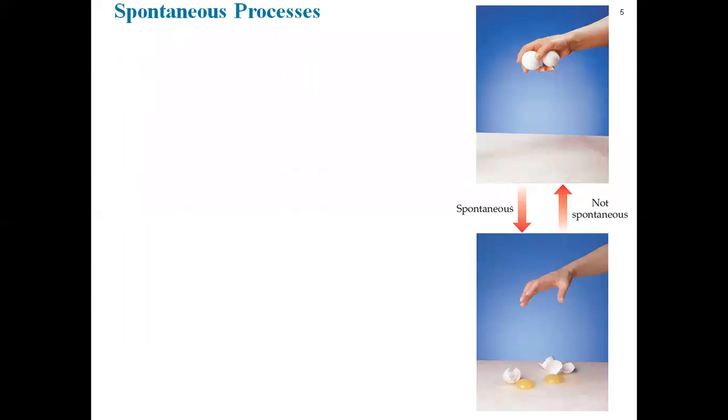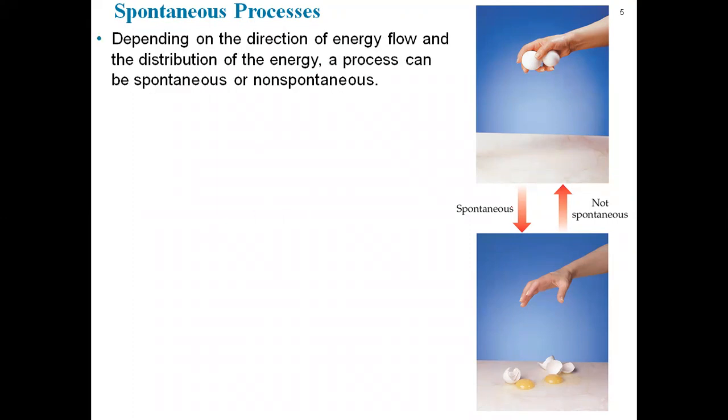Okay, so any physical process, we can classify as spontaneous or non-spontaneous. Depending on the direction of the energy flow and the distribution of the energy, a process can be spontaneous or non-spontaneous.